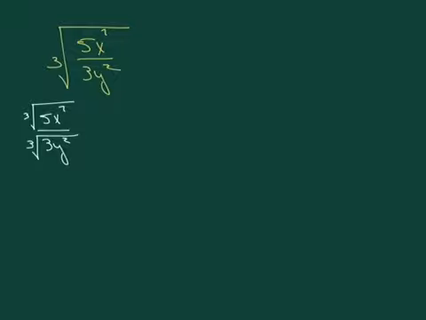Okay, so again, I'm looking to get a 3y squared radical cubed with a 3 up here. That's ideally what I'm looking for. So I'm trying to go from here to here so that I can take the radical sign off. So let's multiply top and bottom.